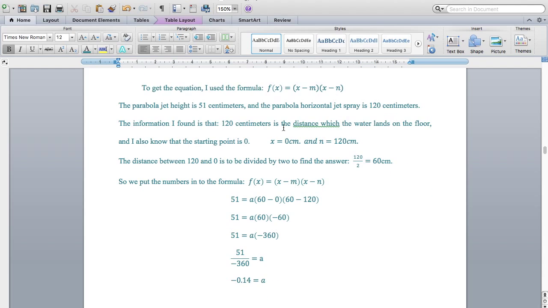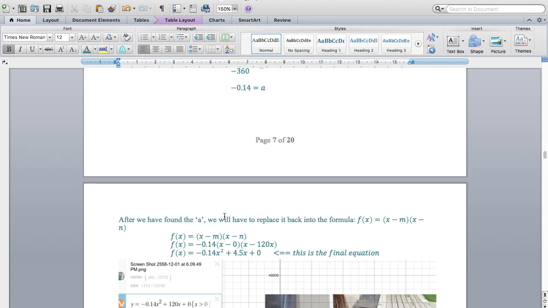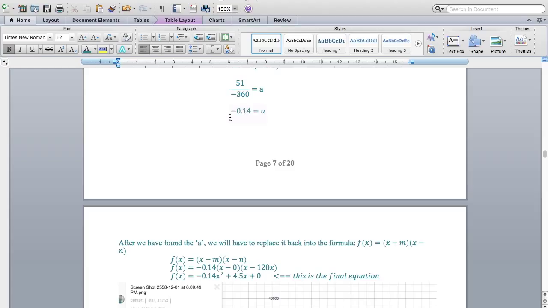The x is 0, n is 120 centimeters, and we had to find the distance between 120 and 0, which is to be divided by 2, and the answer is 60 centimeters, and put it inside the quadratic formula, this. And the a is negative 0.14.